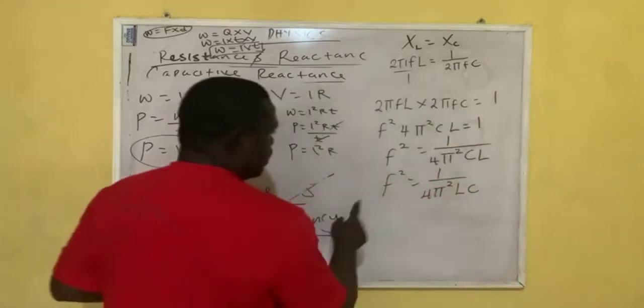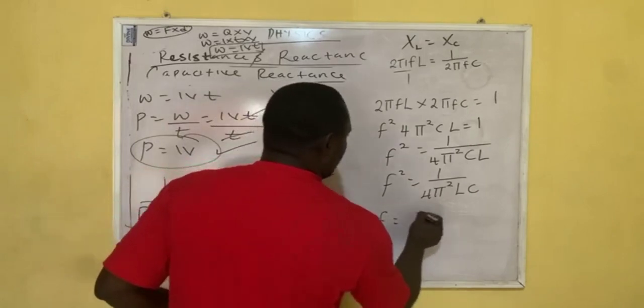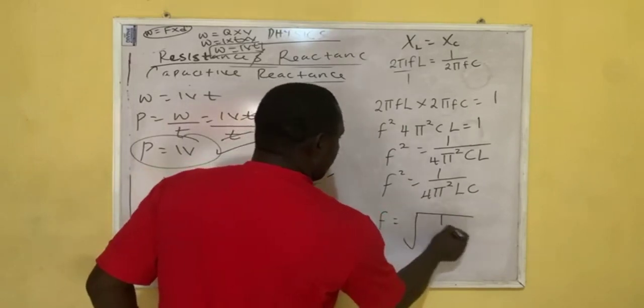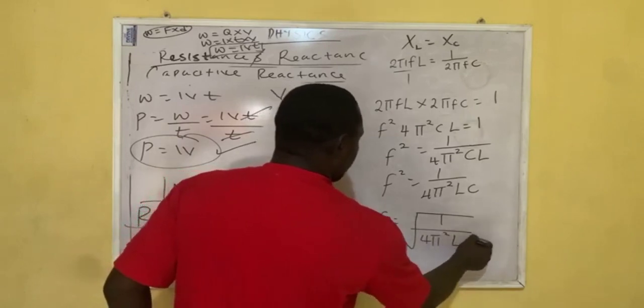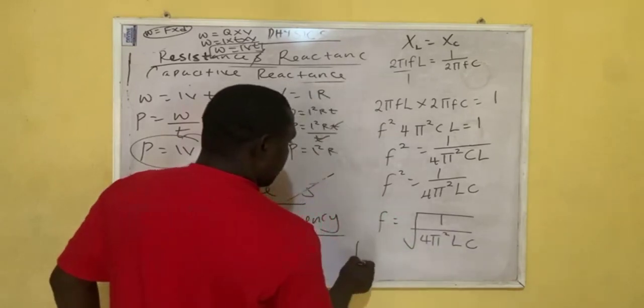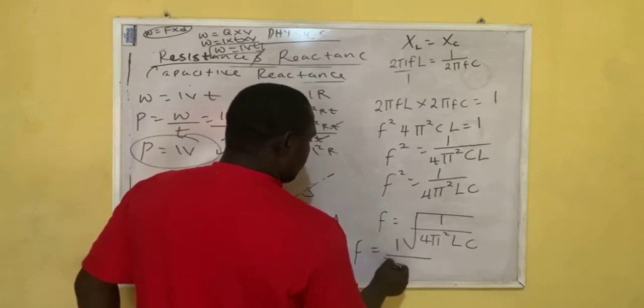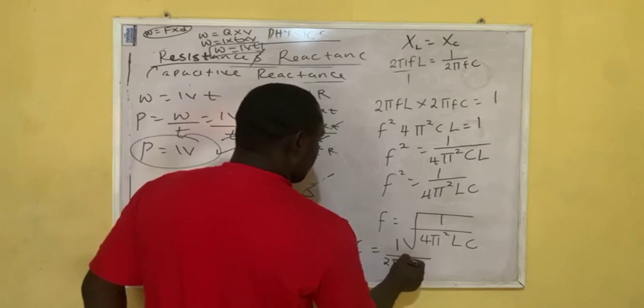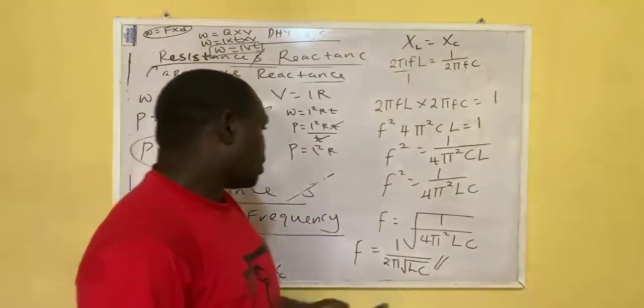So for me to remove the square, what do I do? I can square both sides. I have f squared equals 1 over 4 pi square LC. So f therefore is 1 over 2 pi times the square root of LC.